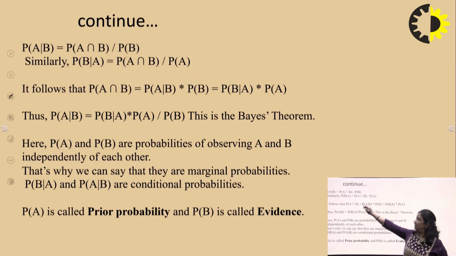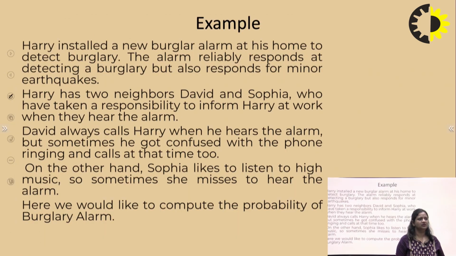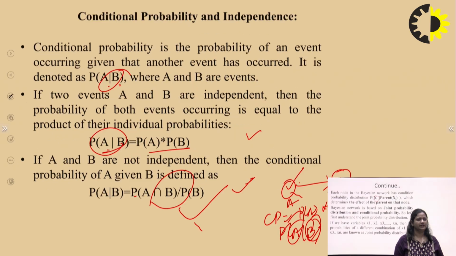So yes, P(A|B), as we know in the conditional probability formula, P(A|B) is equal to P(A intersection B) divided by P(B), when A and B are dependent upon each other. Like in the previous slide we discussed, yes, this one.